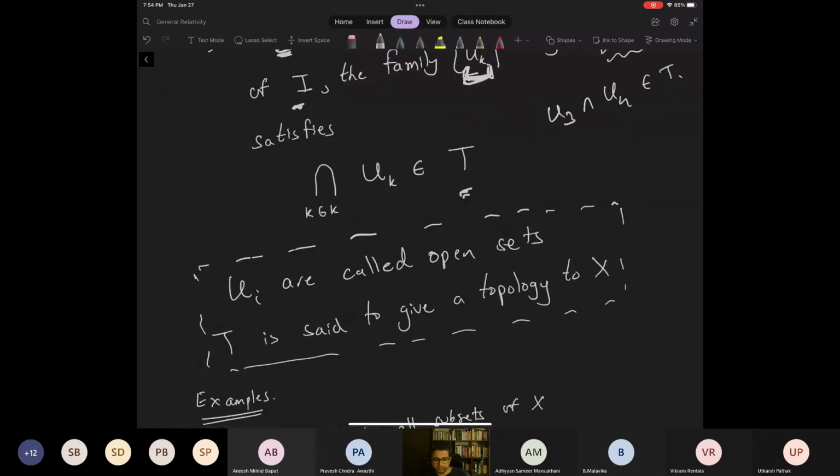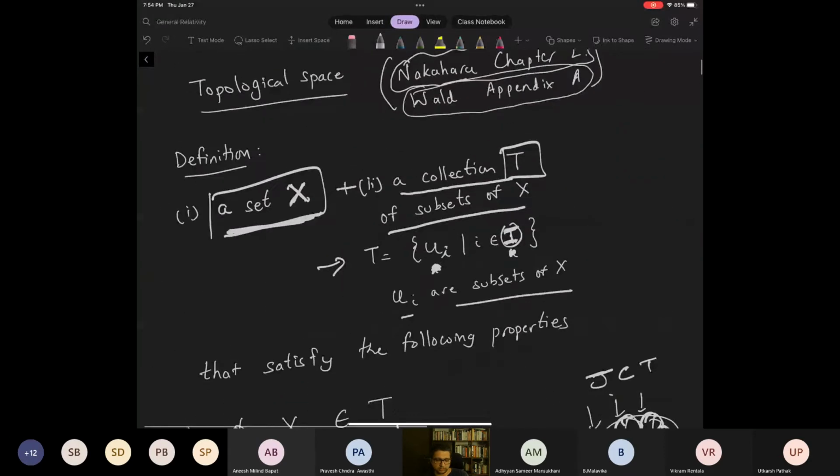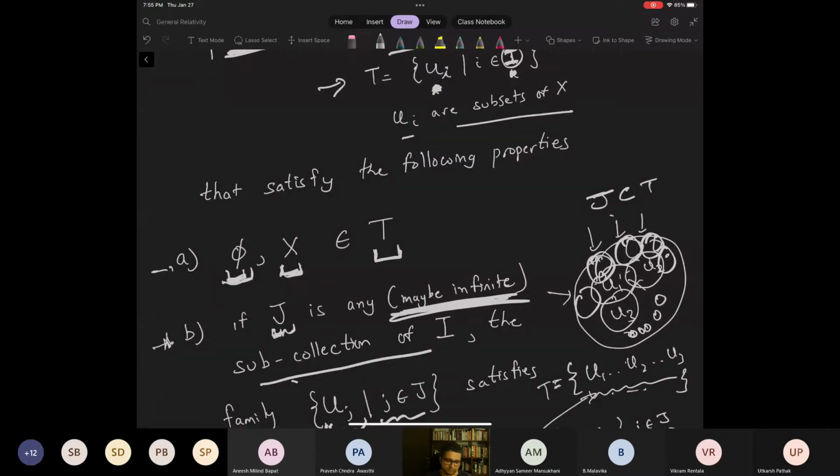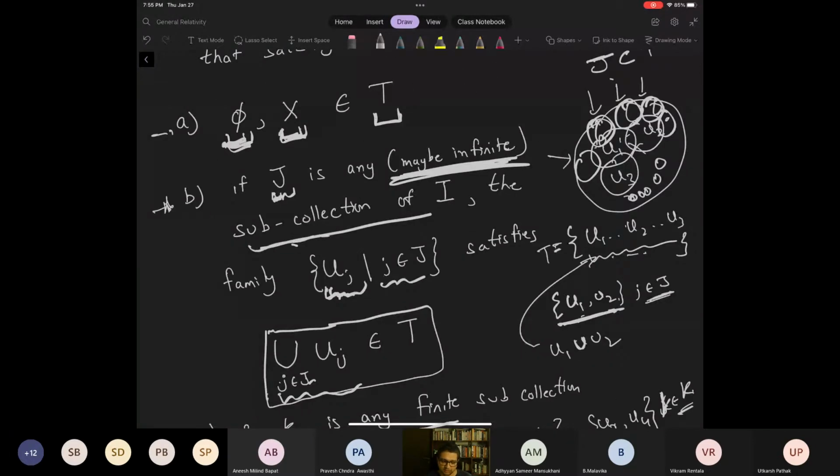So these conditions seem very simple. That's all. This defines a topological space. I need a set X. I need a collection of its subsets T. And now this set and its collection of subsets must satisfy some criteria. The first is that phi, the null set, and X belong to T. The second is that if I take a subcollection of those subsets, then the union should also belong to T, for any arbitrary subcollection, including an infinite subcollection.